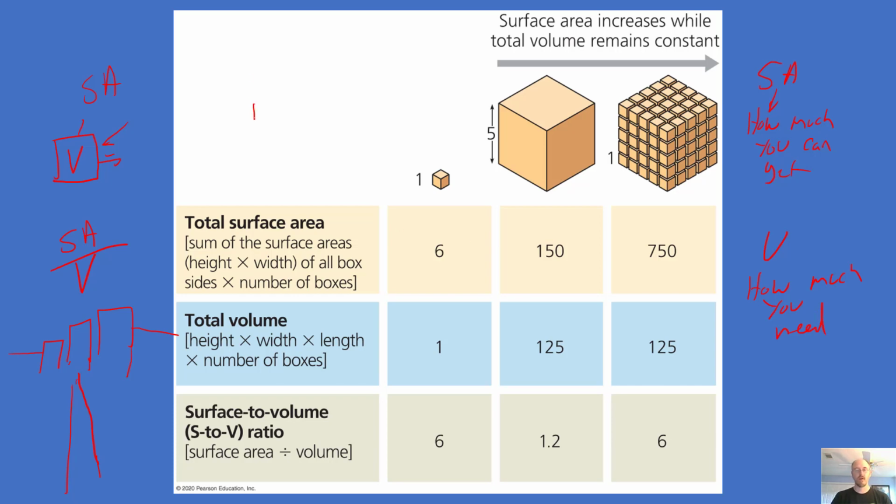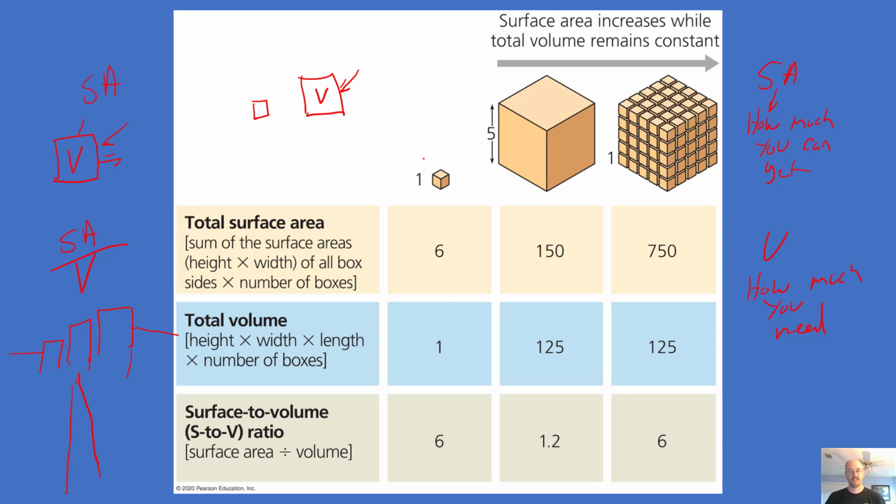And really small cells have a higher surface area to volume ratio than big cells. Big cells have a hard time surviving because volume increases faster than surface area. So when you get huge, you have a lot of need, but you have less highway to get things in, okay? And you can see that here.